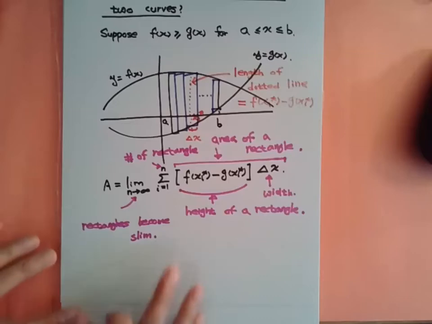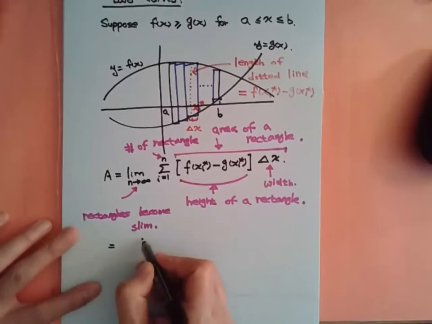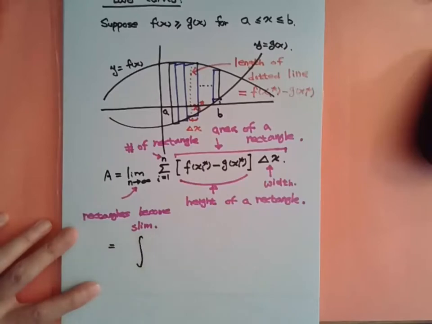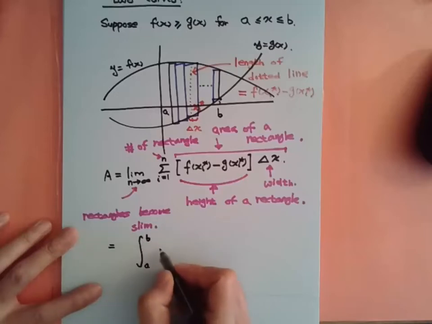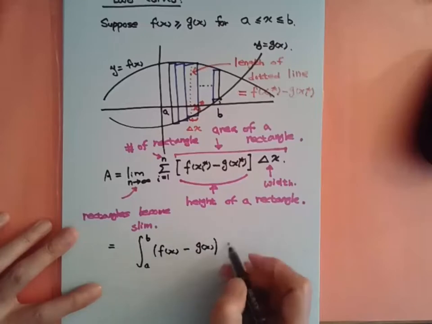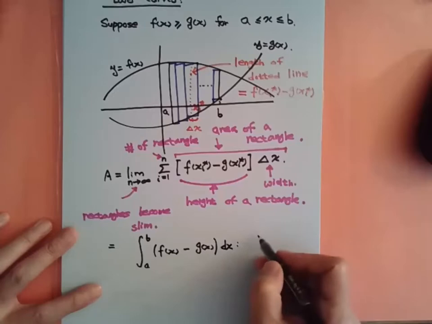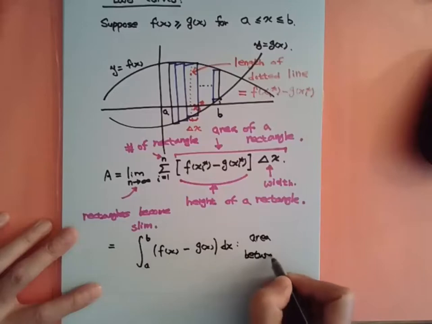When the circumstance goes like this, we use the stretched s, meaning sum, and that is the integration notation. We are thinking about the rectangle located between a and b, so lower bound is a and upper bound is b, and the larger function is f of x and smaller function is g of x. We subtract smaller from the larger, dx. That is area between two curves.